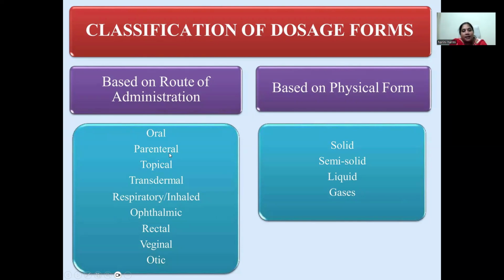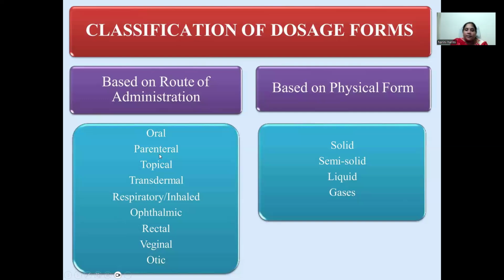Parenteral. Parenteral is other than the enteric system. Enteric is nothing but the entire gastrointestinal tract from the mouth to the anus. Other than these sources, if you are giving outside the sources, that is called parenteral. Para means outside, enteric is gastrointestinal tract, like intravenous, intramuscular.